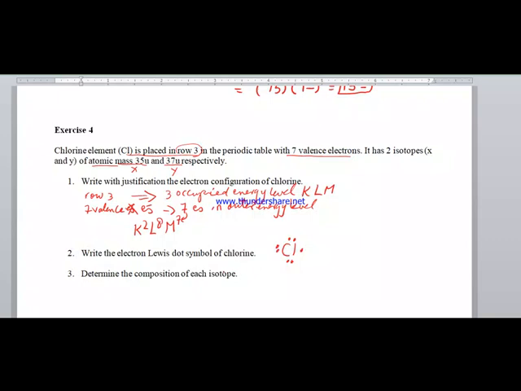Determine the composition. As we said previously in exercise 3, composition means we have to find how many protons, how many electrons, and how many neutrons are in each isotope.